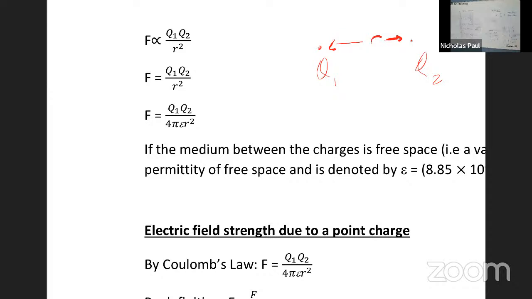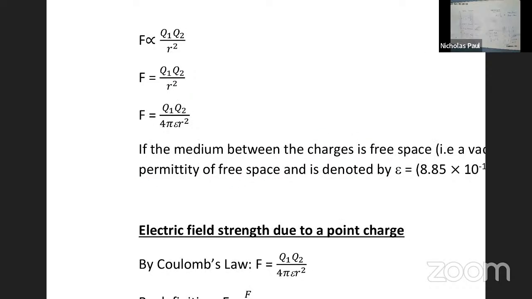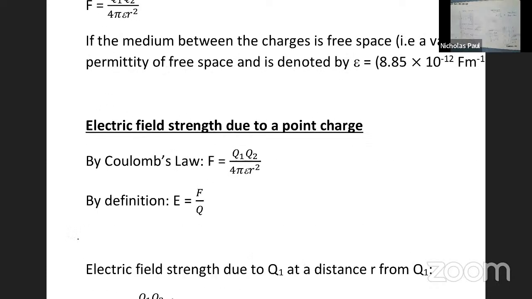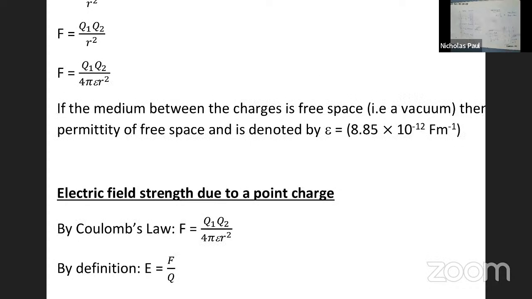It's given by this relationship here: F is equal to the product of their charges over the square of their separation, times the constant 1 on 4 pi epsilon. Epsilon is the permittivity of free space, and it's given by this value here, 8.85 times 10 to the minus 12. Then we also talked about finding the electric field strength due to a point charge.